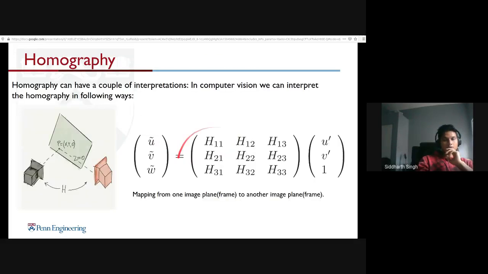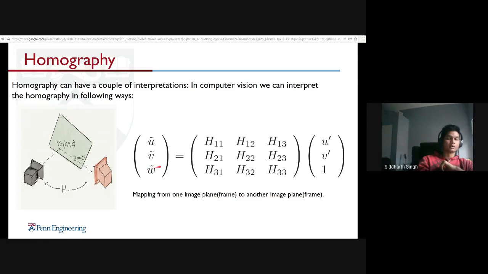Does anyone have any ideas of why we still have a scaling factor here? The W. Okay, because the same principles still apply, right?